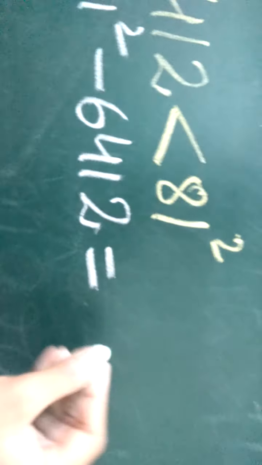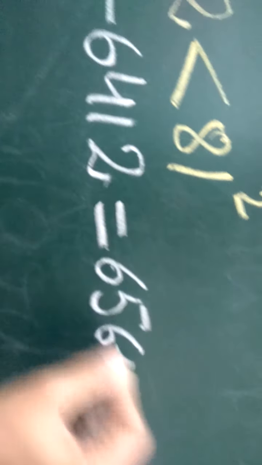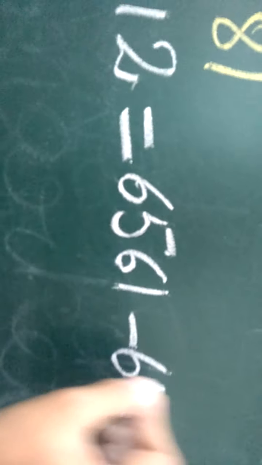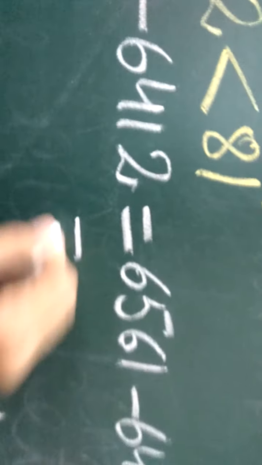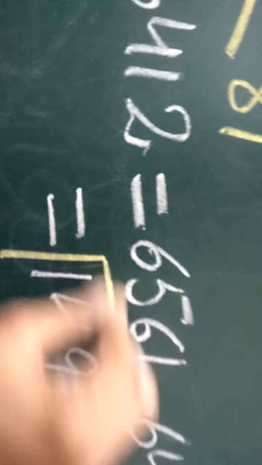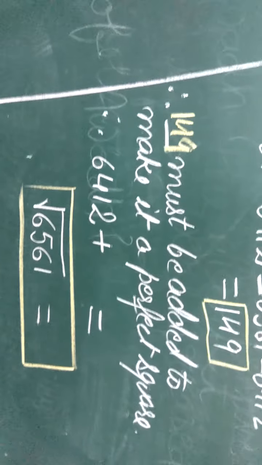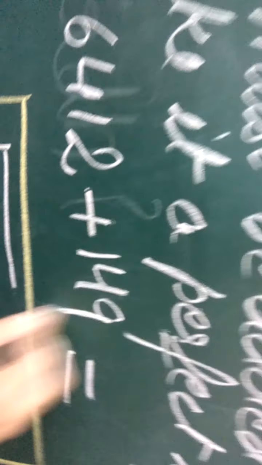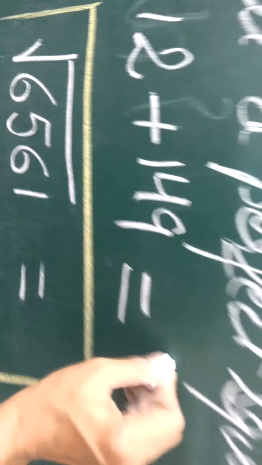And 81 square is 6561 minus 6412. And when we subtract them, we'll get 149, the least number which must be added to the given number to make it a perfect square. So we'll add it. 149 is added.